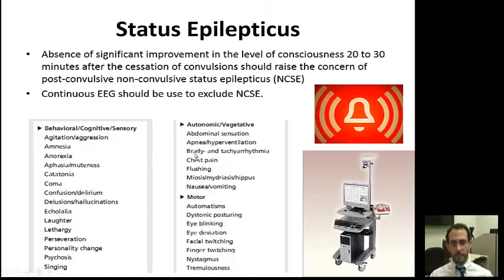And some of the symptoms that they can have and the way that they could be expressed are agitation, aggression. They can have anorexia, aphasia, catatonia, coma, confusion, delirium, delusions, some lethargy, psychosis, even singing here. Some abdominal sensation they can be complaining about, including sometimes chest pain.